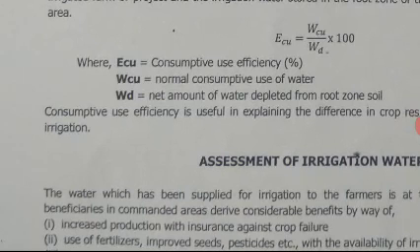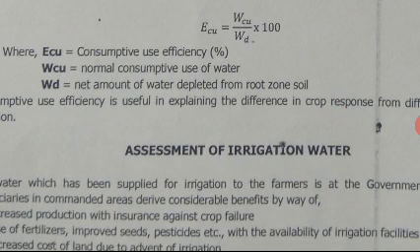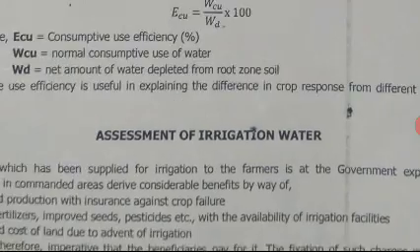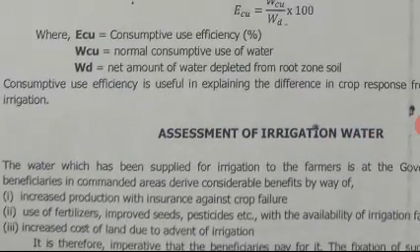Consumptive use efficiency is useful in explaining the difference in crop response from different methods of irrigation.